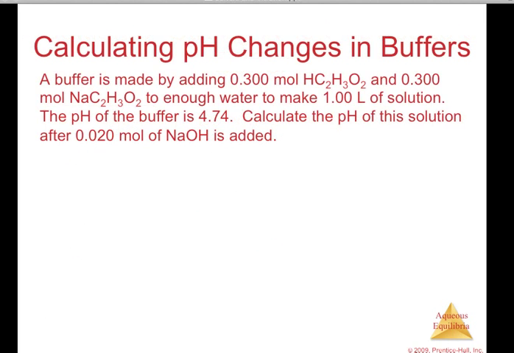So looking at a quick example, we have a buffer made by adding 0.3 moles. This is the same problem that we had before, although now we're going to add 0.02 moles of sodium hydroxide.